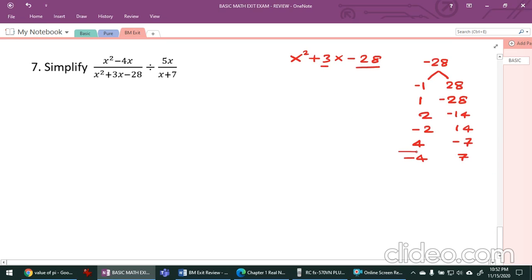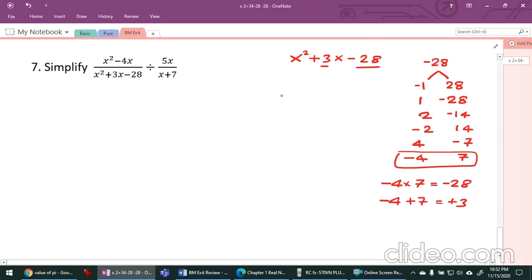So I have to choose this group first, because minus 4 into 7 is minus 28. Minus 4 plus 7 will give you plus 3. So this is correct. That means the factors are x minus 4 and x plus 7. Okay. So this is factorized.